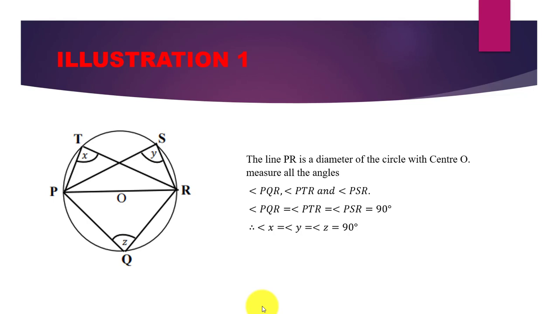The theorem states that when a diameter subtends an angle at any point of the circumference, that angle is a right angle.